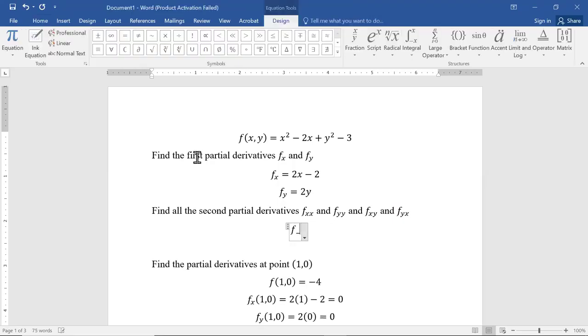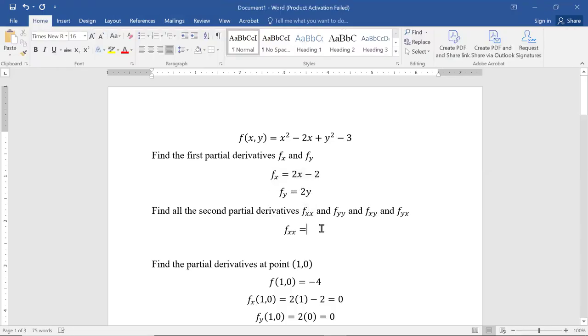So if I'm going to do f sub xx, I'm going to start by taking a first partial derivative. I've already done that. And then I take a derivative of that function with respect to x again. So derivative of this with respect to x is actually just a constant of 2.